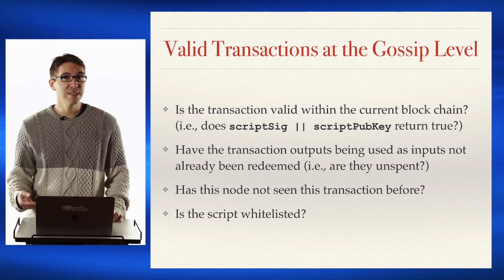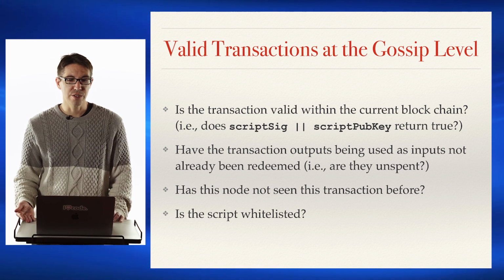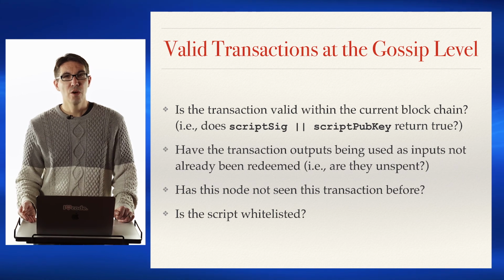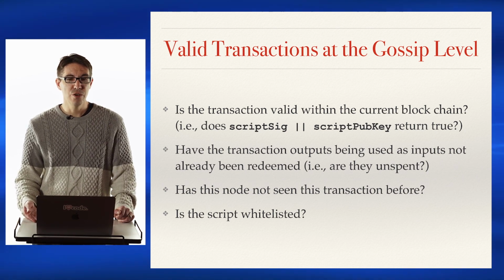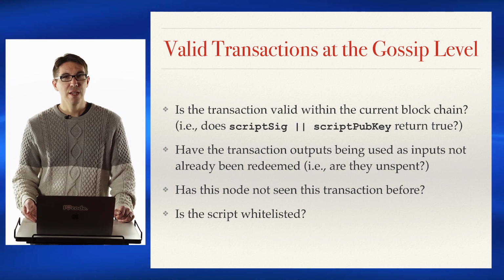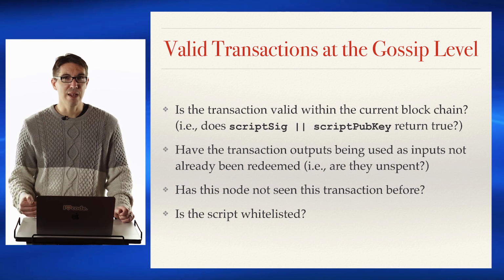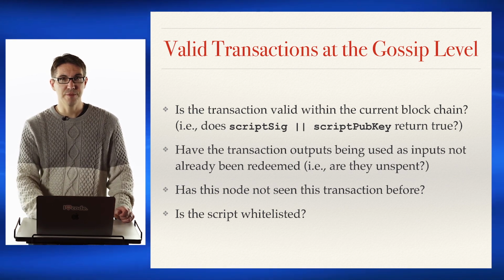Have you not seen this transaction before? If you've seen the transaction before, then you'll just ignore it. And finally, is the script whitelisted? While in theory any Bitcoin script can actually be used for a Bitcoin transaction, in practice nodes often will only allow a subset of these scripts to be considered valid transactions and passed on.